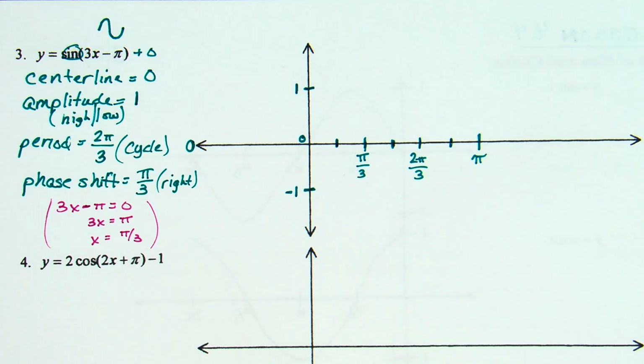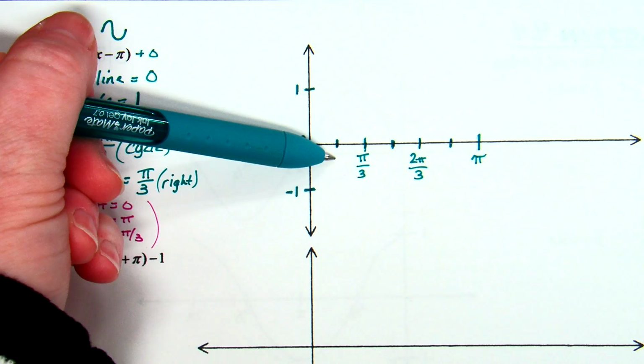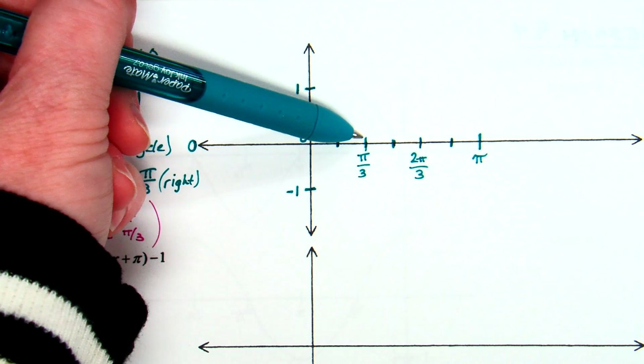Let's talk about it for a moment. What is the halfway mark between thirds? What's a half of a third? A sixth. So technically, if you were labeling them, this would be 1/6. 1/3 represents 2/6.